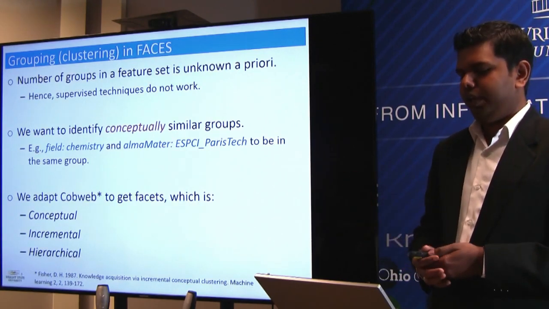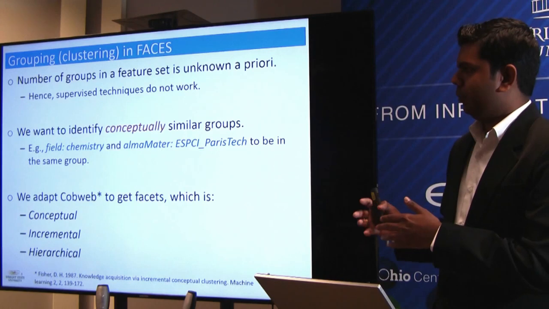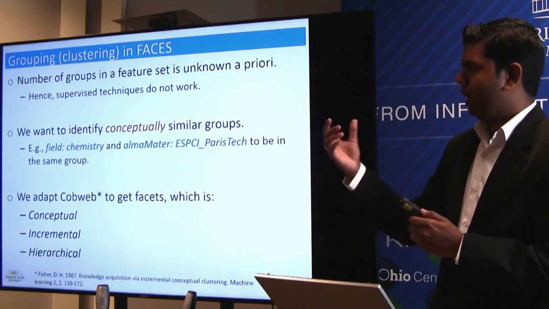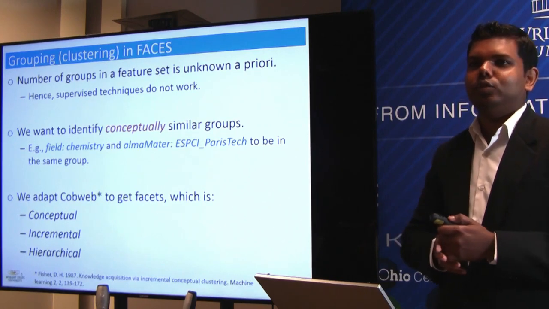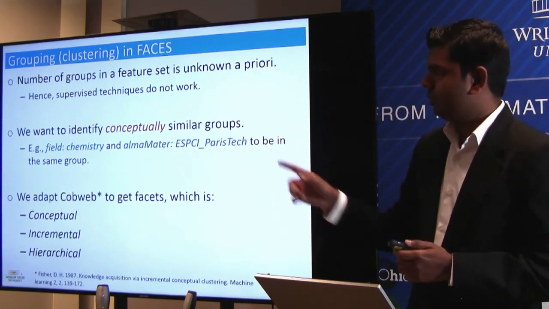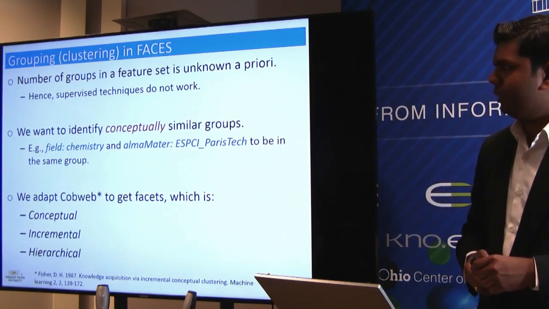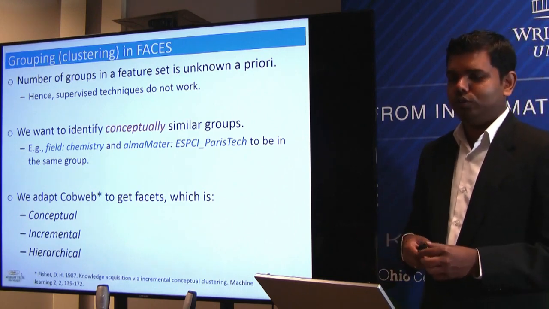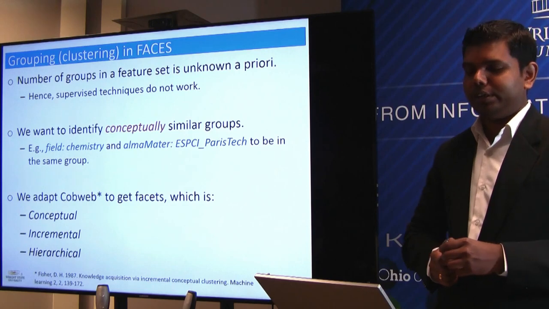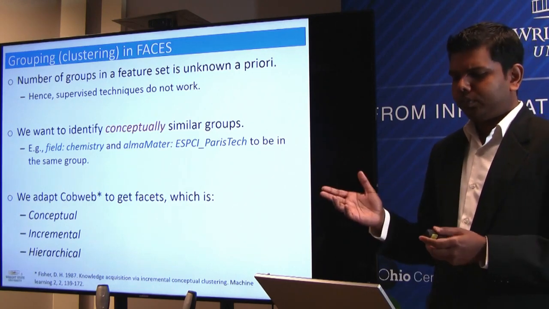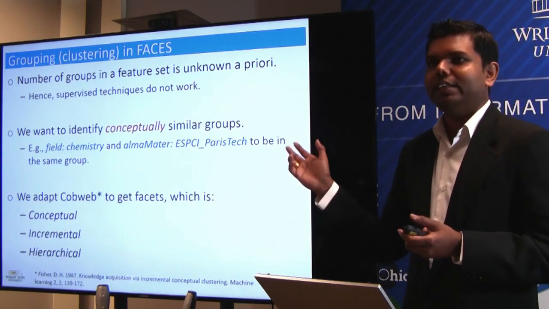We also want to connect somehow the semantic relatedness of facts. For example, take these two features from the entity Marie Curie. One is talking about her field, chemistry, the other is about her alma mater. If you analyze them syntactically, they are different.